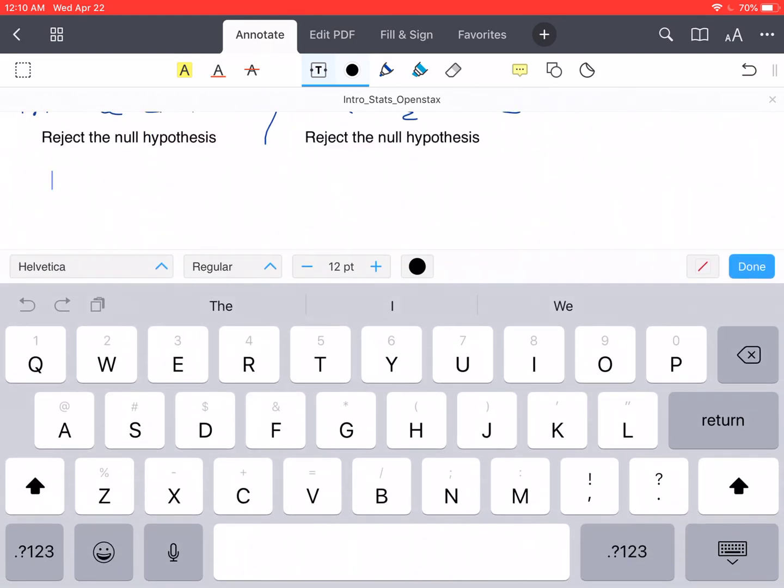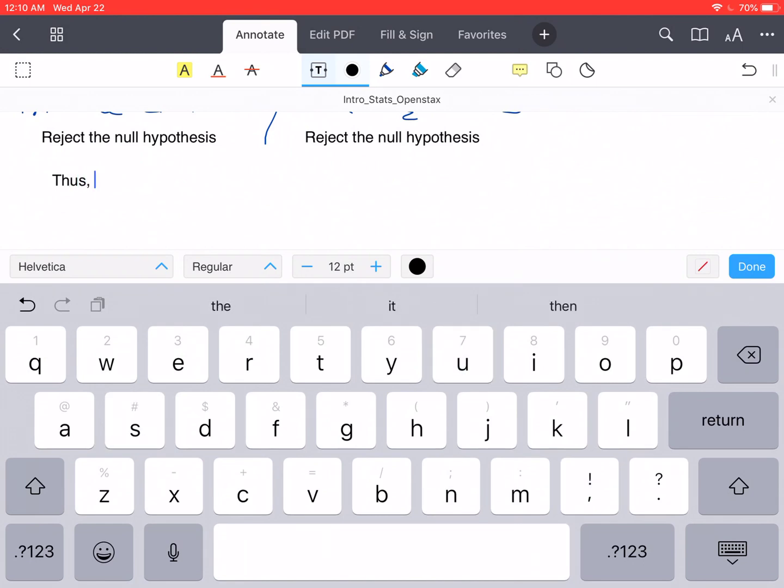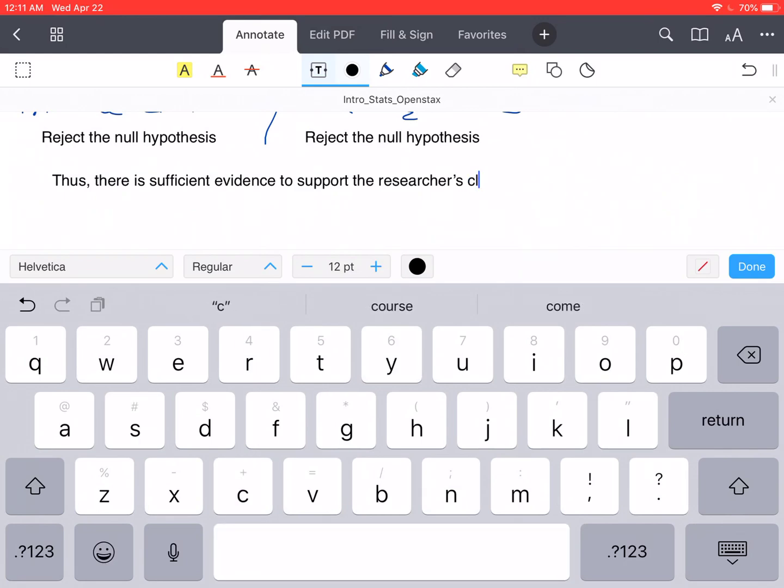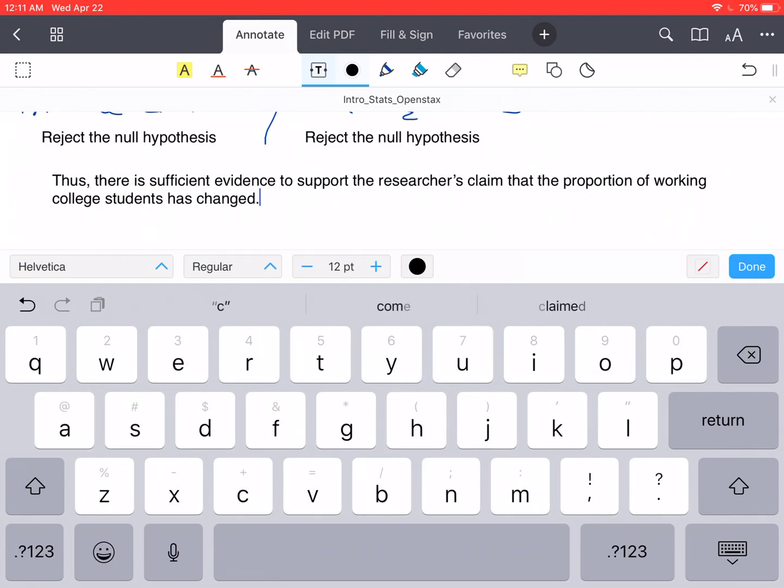Okay, so we can conclude, thus, there is sufficient evidence to support the researcher's claim that the proportion of working college students has changed.